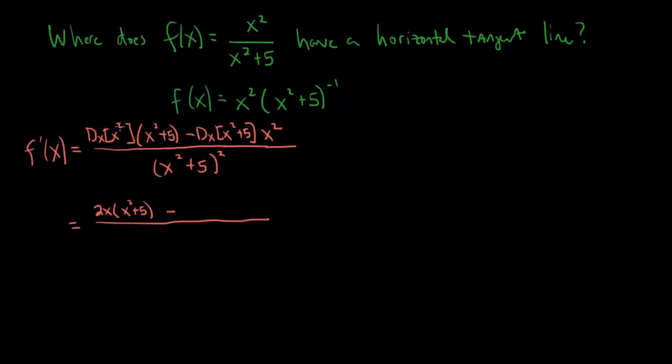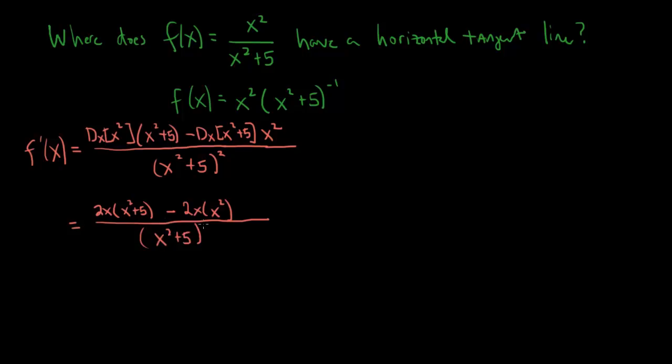This is a parabola with a vertex at 0, 0. This is a parabola with a vertex at 0, 5. They're going to have the exact same slopes everywhere because they're the exact same shape. This is just moved up 5 units. So 2x times x squared all over x squared plus 5.